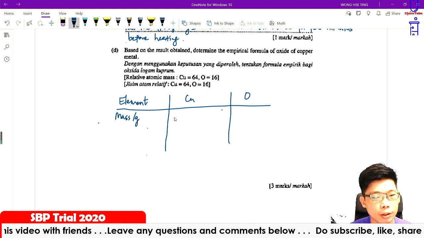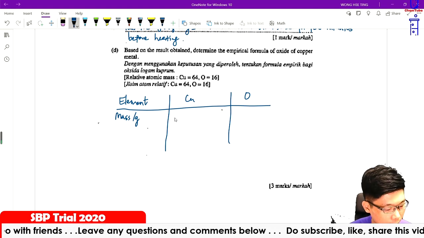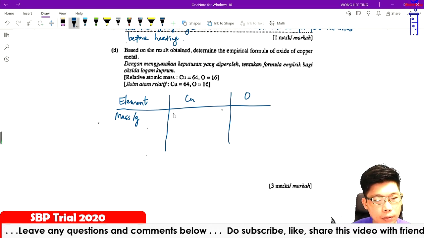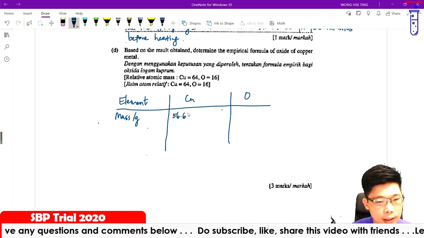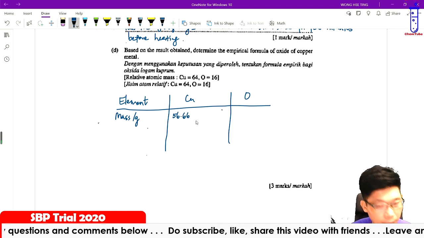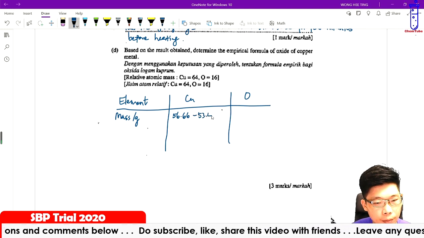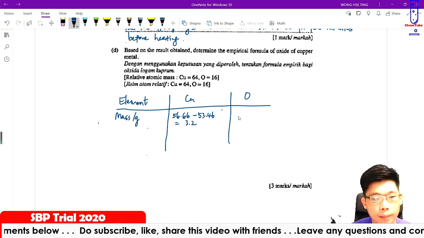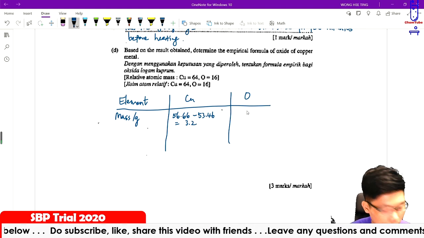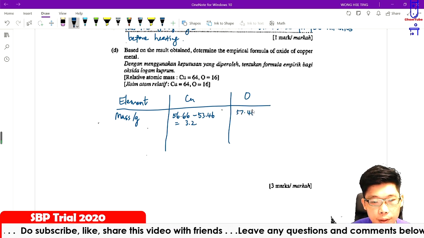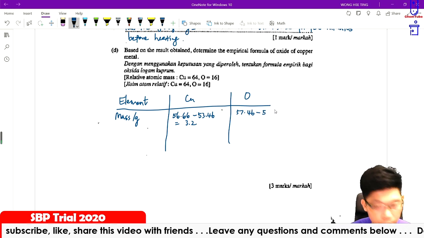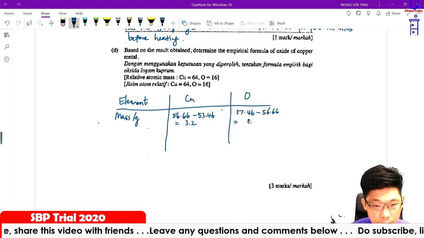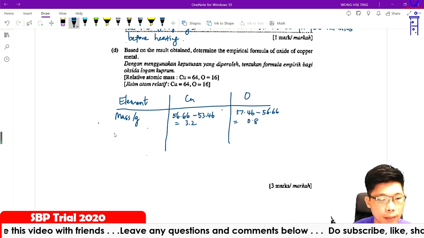Just now I mentioned it is 3 minus 1. For copper, it is 56.66 minus 53.46, so you get 3.2 gram. For oxygen it will be 57.46 minus 56.66, so you get 0.8. This is the mass.